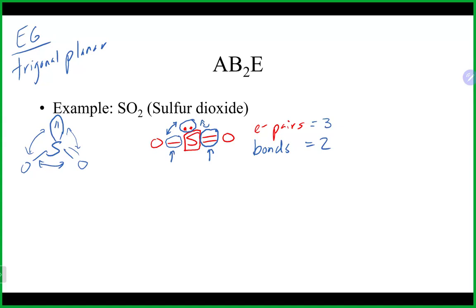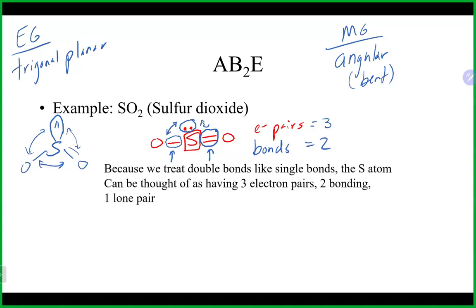So something with 3 electron pairs and 2 bonds will actually end up with a molecular geometry. I'm going to go with angular. I will say that some people will call this bent or bent angular, but we're going to go with angular in this class for a particular reason. And again, they're able to stretch out a little bit more because there is not that extra bond that we see in the trigonal planar situation.